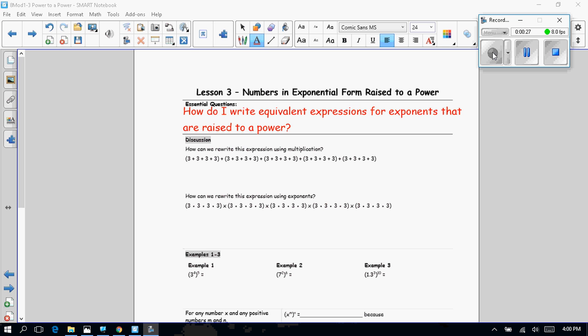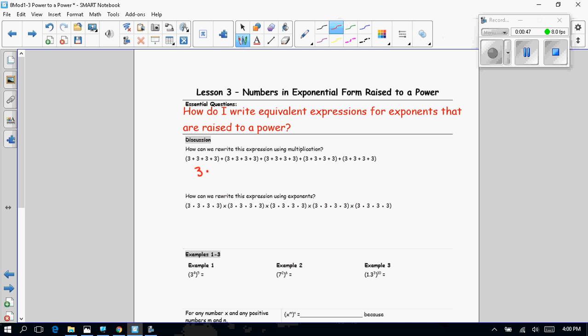So take a look at this big, long string of problems. You'll notice it's 3 plus 3 plus 3 plus 3 in parentheses, and then another 3 plus 3 plus 3 plus 3, right? And I have bunches of these. In fact, when I look at this, I have 3 written there 4 times.